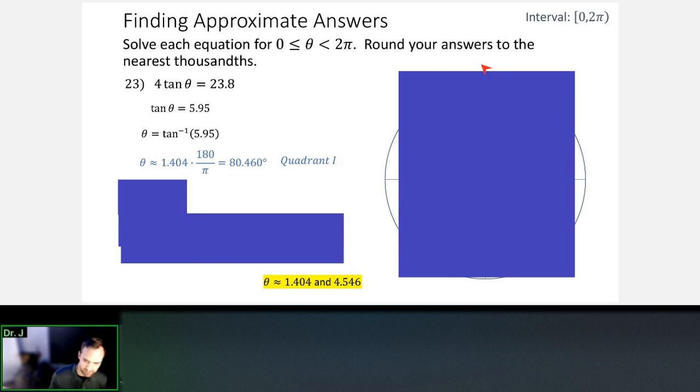Convert pi over 2 into a decimal and put that number at the very top of your unit circle. Pi is 3.14, and then 3 pi over 2, you want to type that in and write that decimal equivalent. If you have those written down on the unit circle, you can really avoid doing this, because then you can see that 1.404 is less than the number at the top here, or whatever you wrote. So we would know it's in quadrant 1. Really up to you, though.